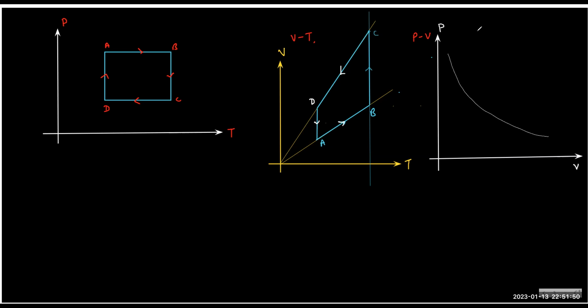So I put two hyperbolas, and the farther the hyperbola, the more the temperature, right? So BC will be on the outer one, and DA will be close to the origin, right? And the isobars are obvious. So I think you can see the graph itself.